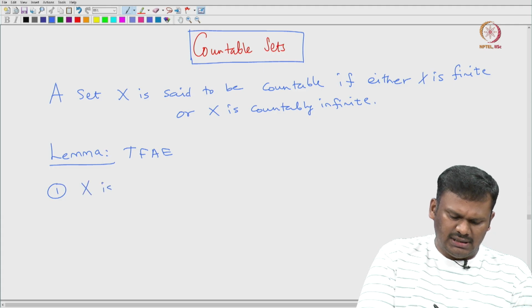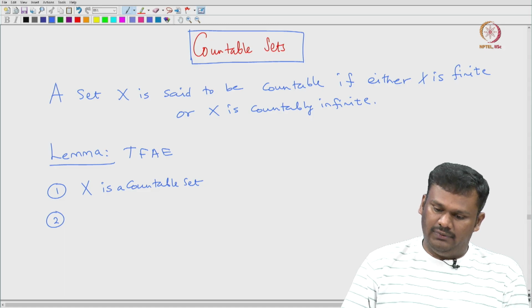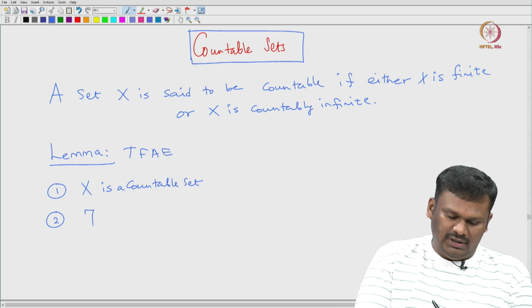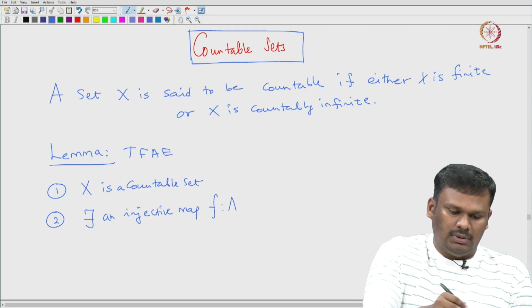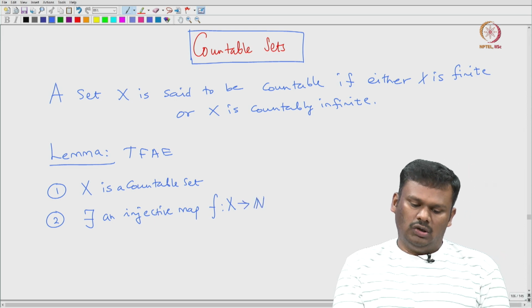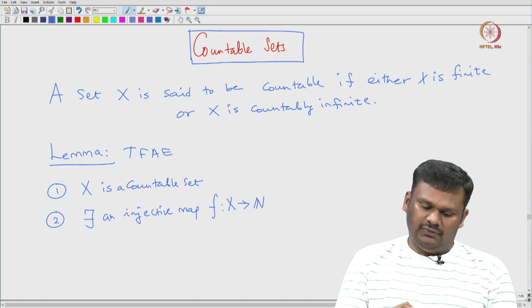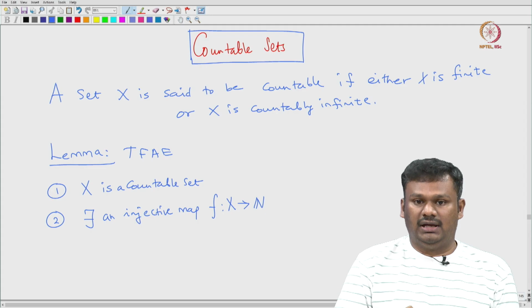Say that X is a countable set, which is equivalent to saying that there exists an injective map f from X to N. Even for finite sets we have an injective map, and for countably infinite sets also we have an injective map.